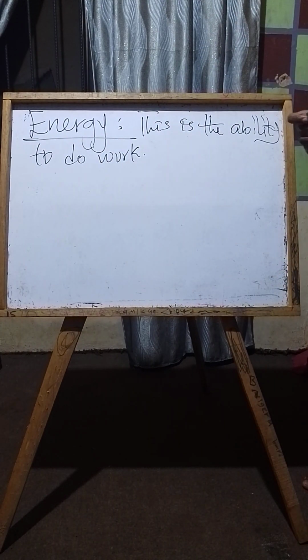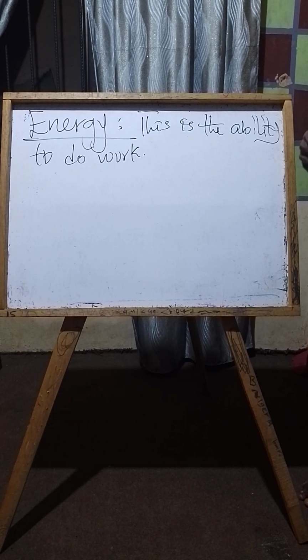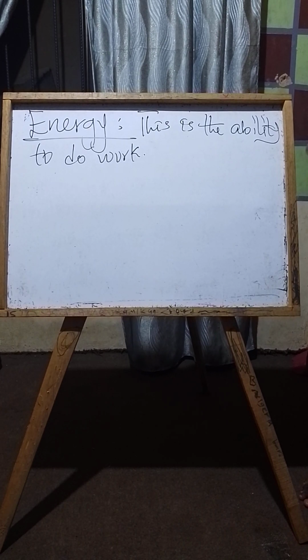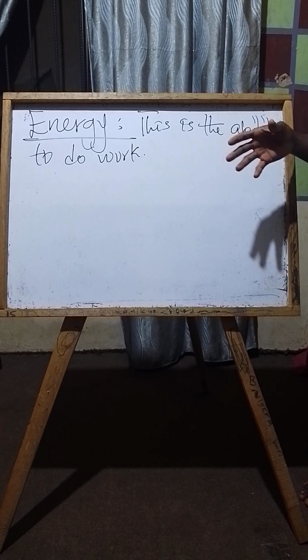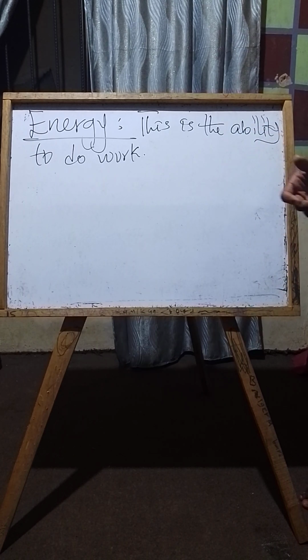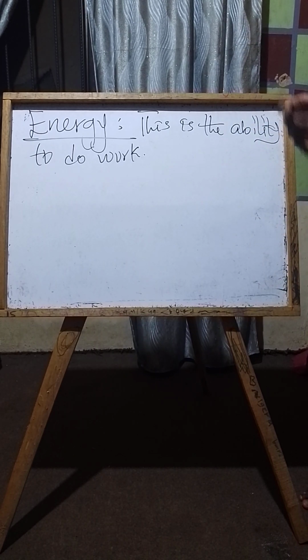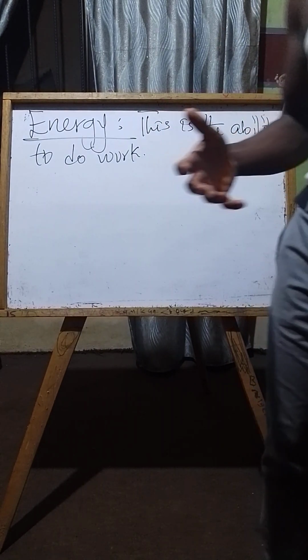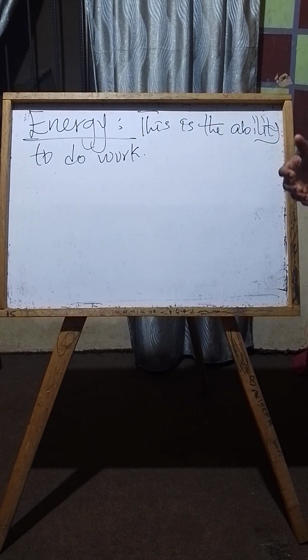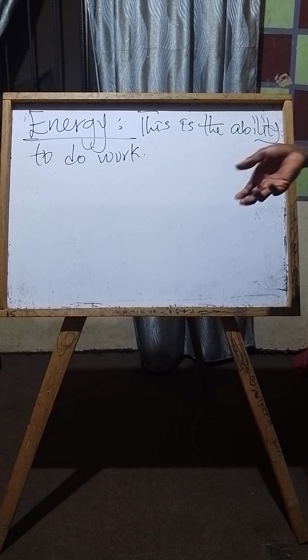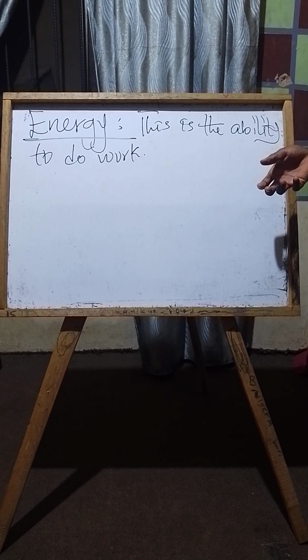Now, energy is not different from work, but the difference between energy and work is that when something is an ability, it does not mean the thing must always be moving. Are you getting me? That thing has the potential to be in one place. Are you getting me now?